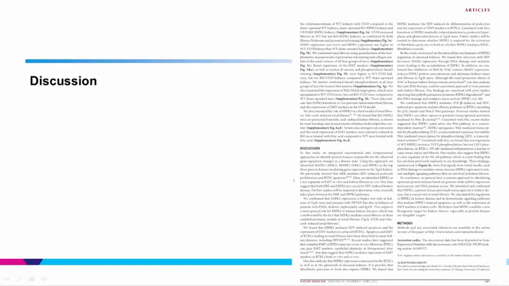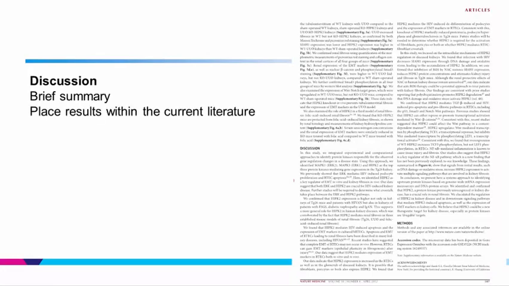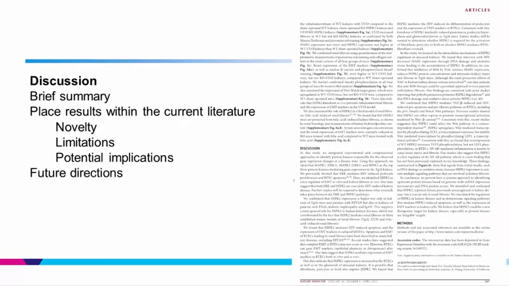After all the results have been described, there is a discussion. The discussion is basically a brief summary of the key results, and the key here is to give the authors the opportunity to place the results within the current literature, stressing the novelty of the findings, acknowledging the limitations, speculating about the findings, and summarizing possible implications and also future directions.